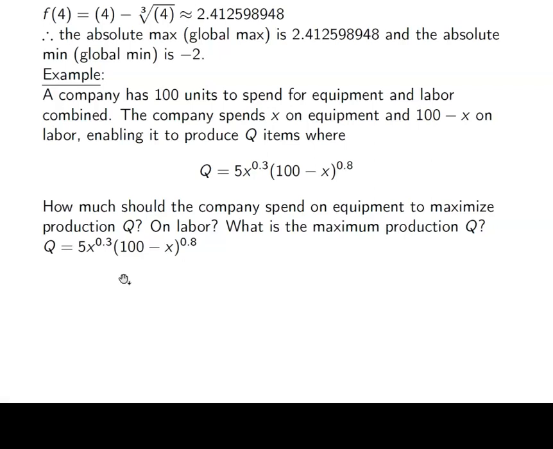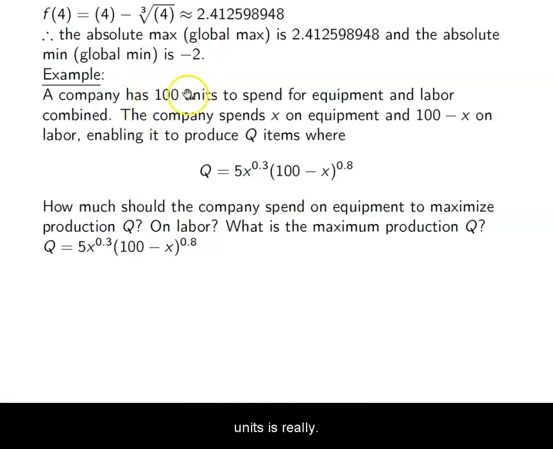So first of all, I know that my domain is from 0 to 100. I can't spend more than 100 units because I don't have more than 100 units. And so when I'm saying units, that doesn't mean $100. Maybe one unit is represented by, I don't know, $100,000, right?